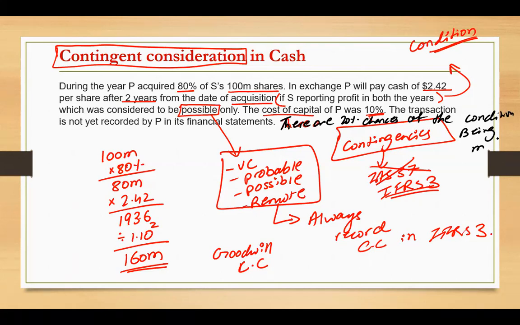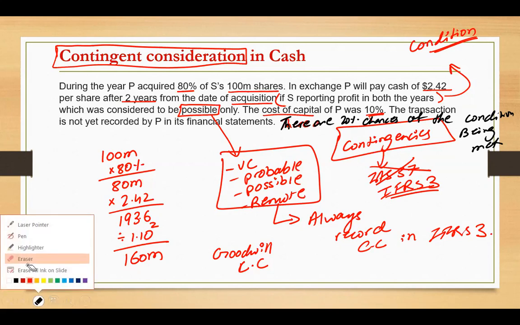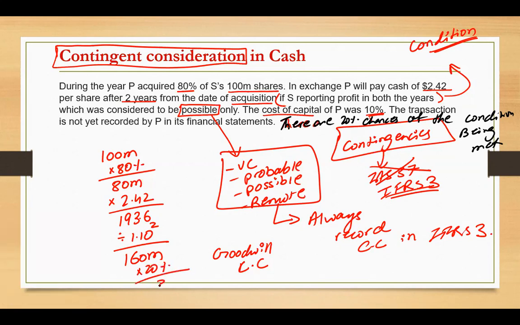So if the question gives us the chances, what we are going to do, rather than recording the entire 160 million, we will be recording 160 million into 20%, which is going to be $32 million. So in case of contingent consideration, when it is in the form of cash, we calculate the expected value.